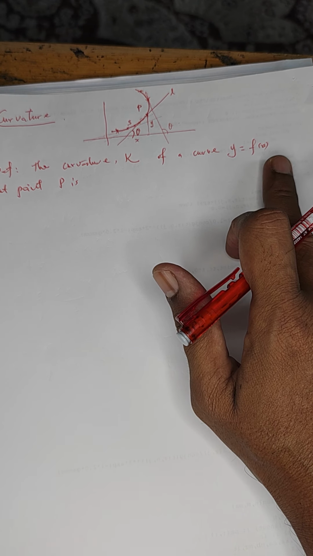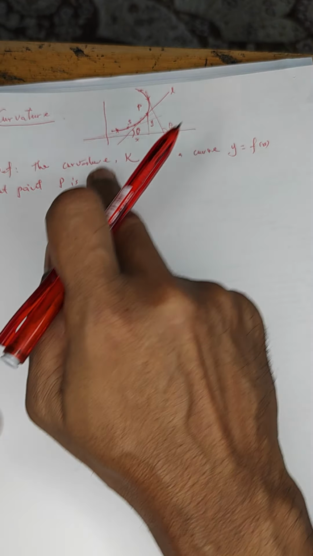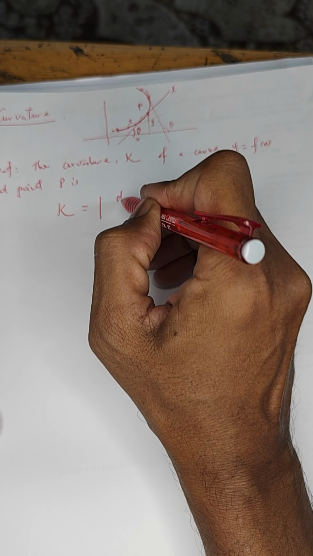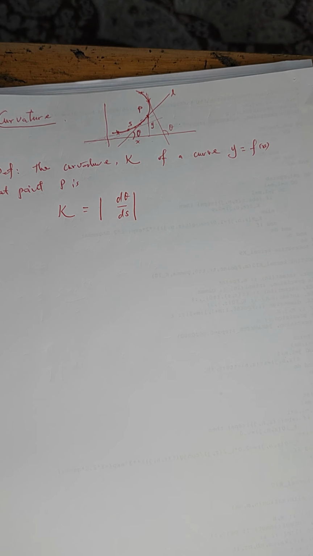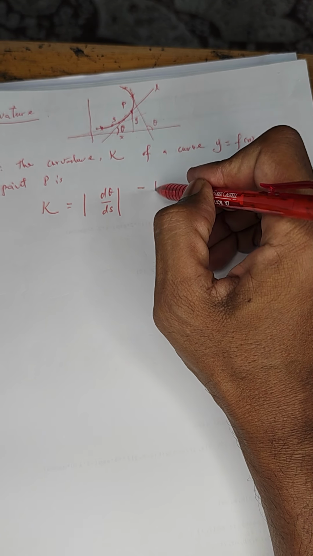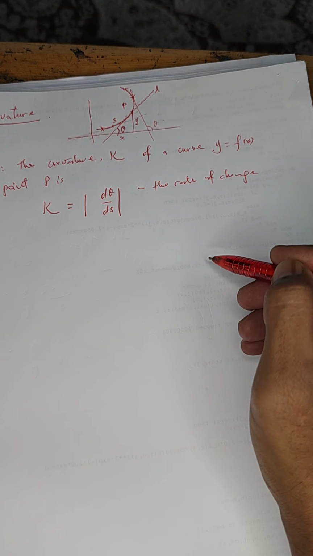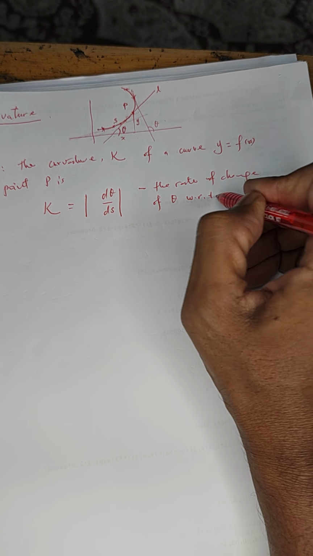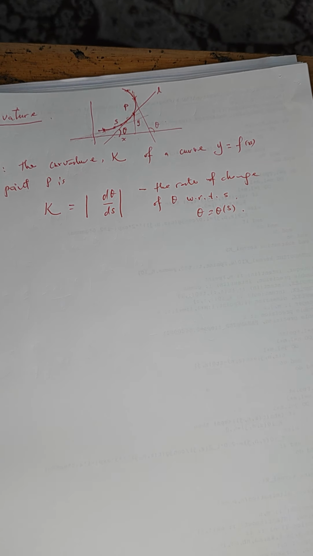Later on we'll go to the vector valued function. For the real valued function here, the curvature kappa is given as d theta over ds. In words, this is the rate of change of theta with respect to s. So I would say theta is a function of s.